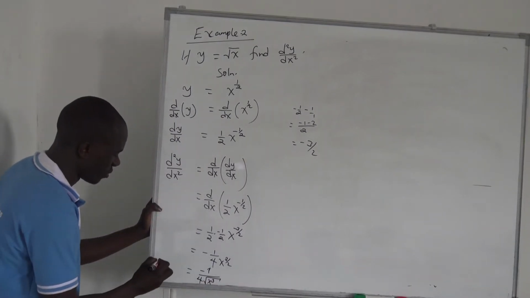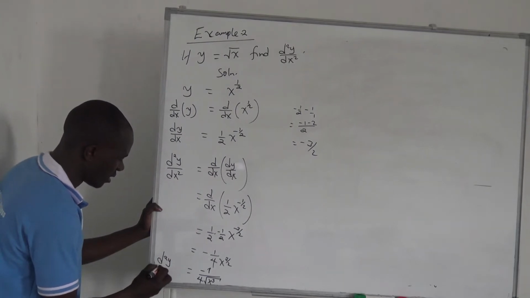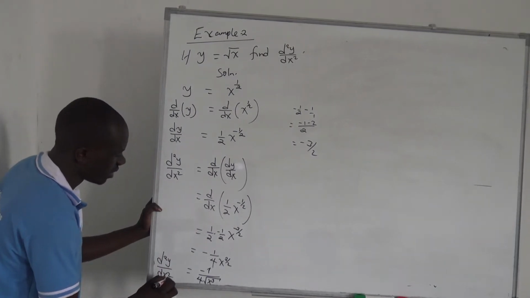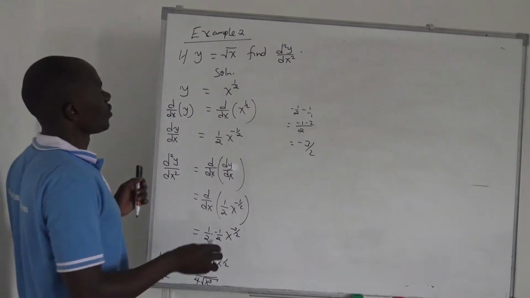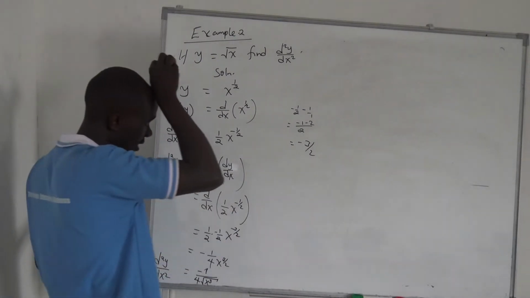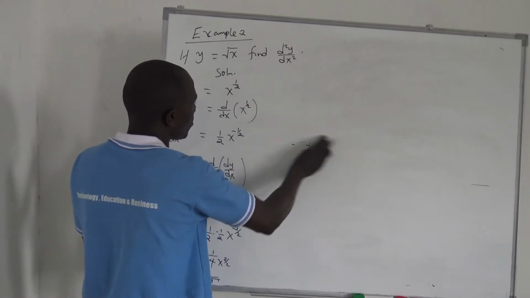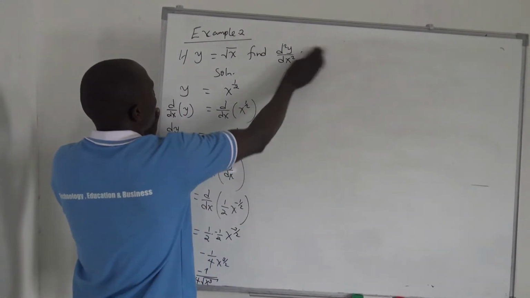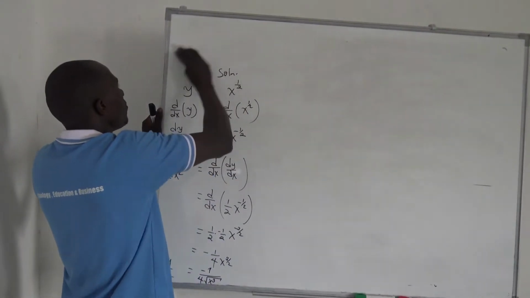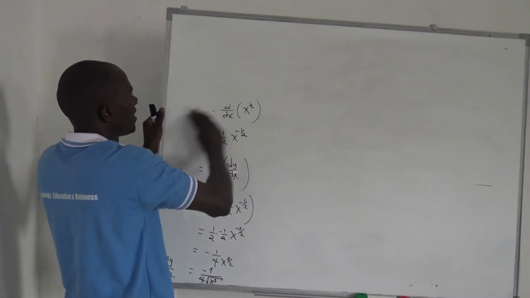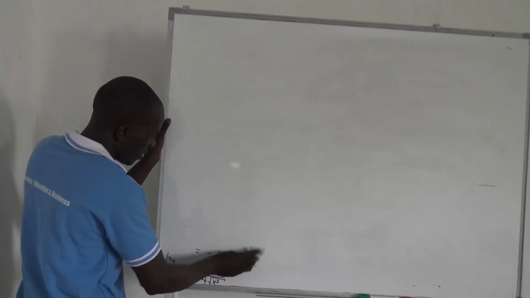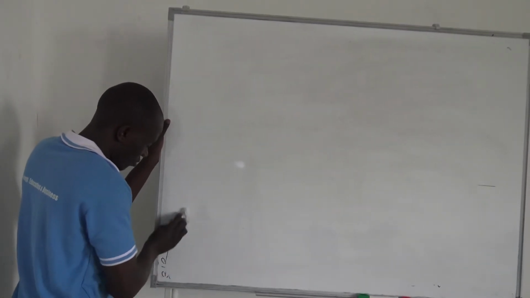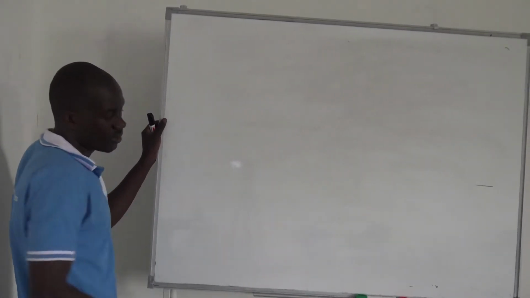That's what we call d²y/dx². If they tell you to differentiate in that manner, that's how I'm expecting you to do it. We're going to look at another one involving the product, and after that those involving parametric equations.